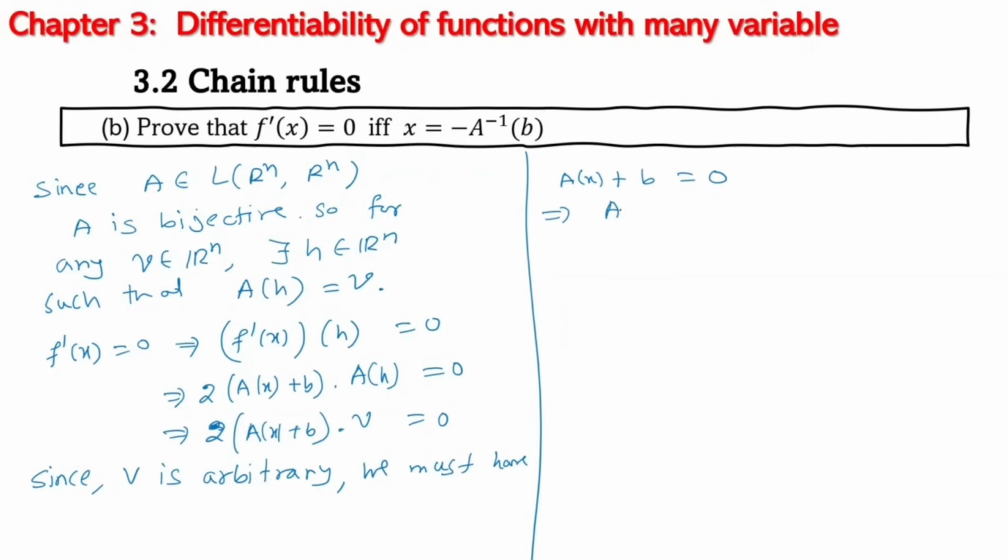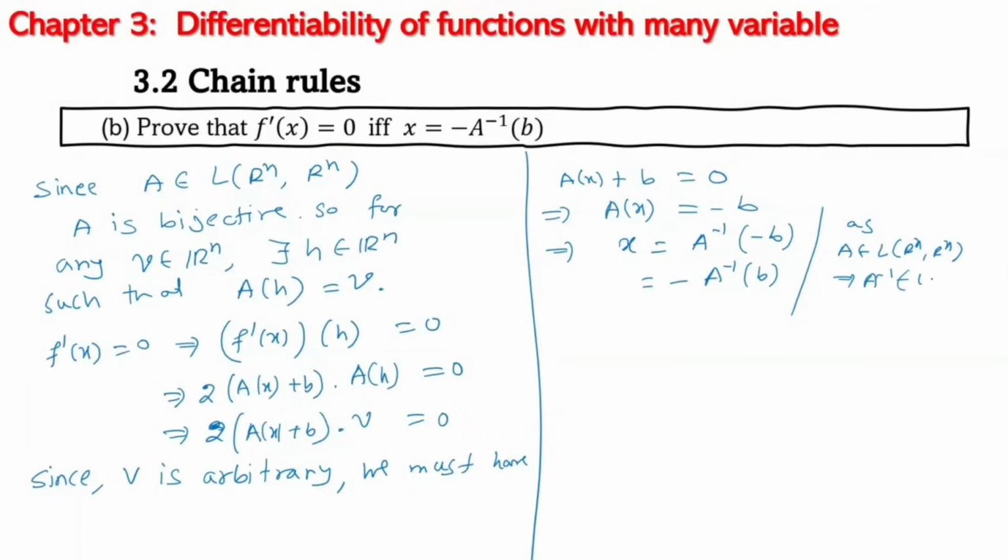This implies Ax is equal to minus b. So this implies x is equal to A inverse of minus b, which is minus A inverse b. This is because A belongs to L(Rn, Rn) implies A inverse belongs to L(Rn, Rn). So therefore we prove that x is equal to minus A inverse b.